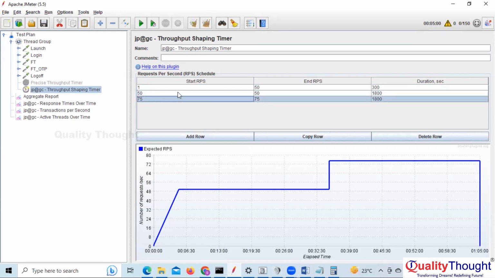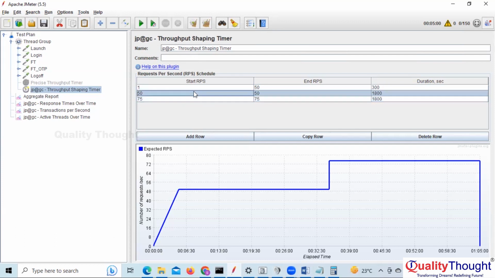If you have the exact number of users where the throughput cannot increase from 50 to 75, then there is no use in using the throughput shaping timer. But this is the advantage of having the throughput shaping timer. You can increase and decrease your throughput at any point of time during your load test.